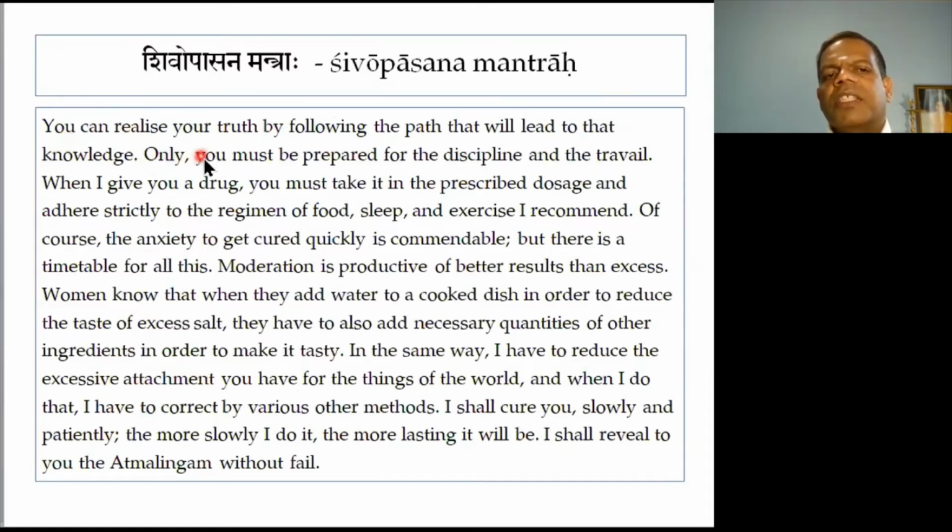You can realize your truth by following the path that will lead to that knowledge. See, the word knowledge is given. Only you must be prepared for the discipline and the travail.